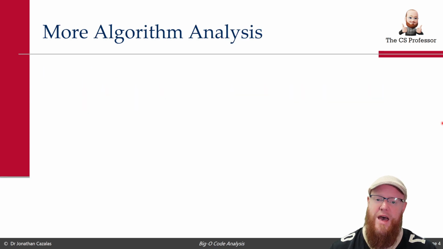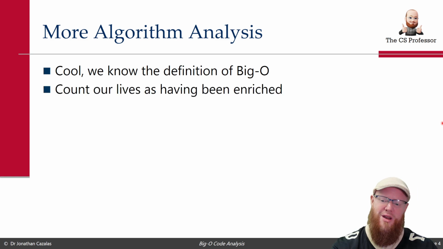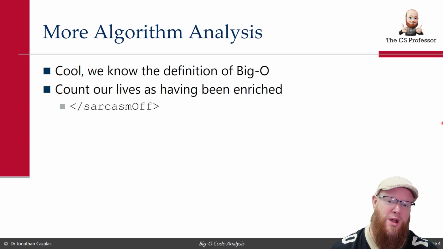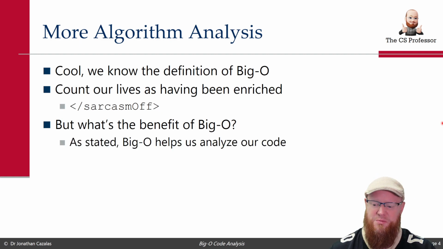So what we want to do in this video is go through some examples of looking at code, because we know the definition. Yeah, our lives have been enriched, clearly sarcastic. The benefit of big O is that we can now analyze a given code fragment and say, that's O of n.